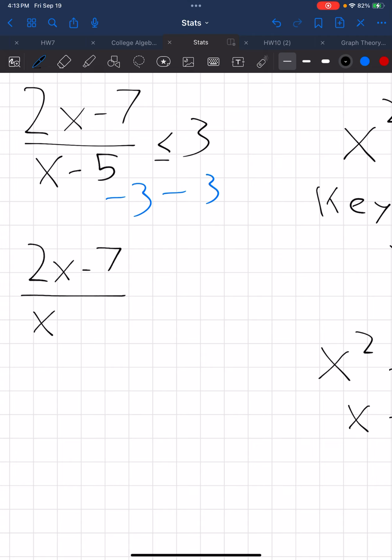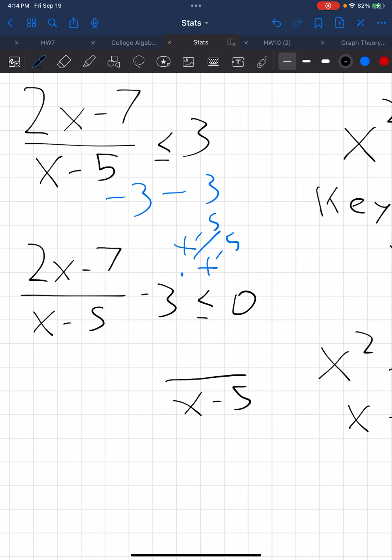I'm going to multiply top and bottom by x minus 5, so that all of my denominators are x minus 5 and I can actually take this difference.